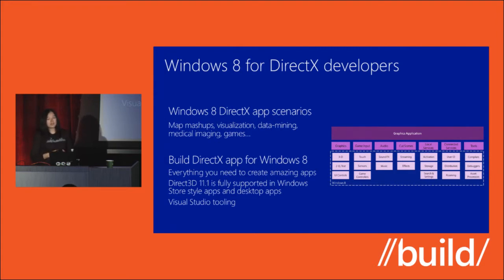DX 11.1, which is the version that ships with Windows 8, is supported in Windows Store apps and desktop apps, so you can choose between these two. And last but not least, we have great Visual Studio tooling support as another reason you should think about building great DX apps. We're going to focus on that in the rest of the talk.